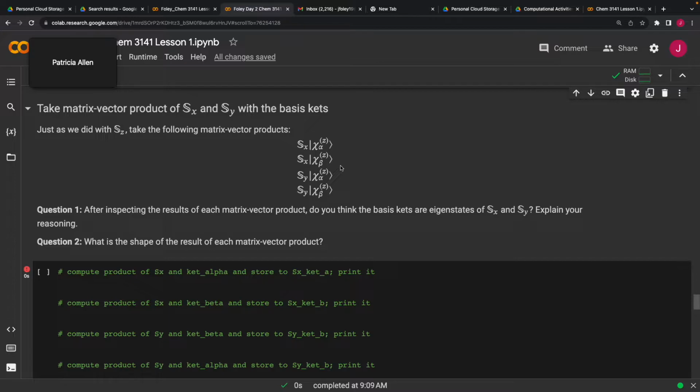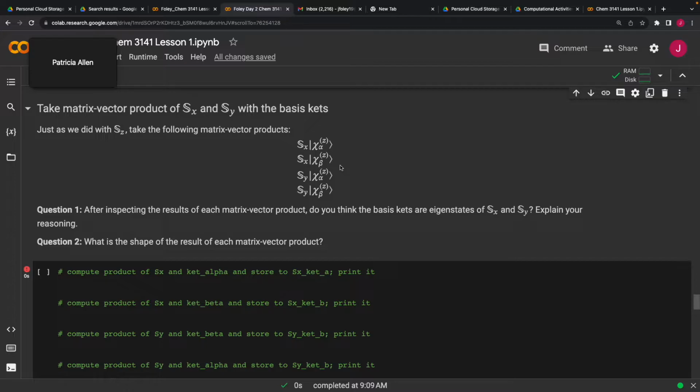We did that in one of our previous Python cells, and then we just did it on the board. So now what we're going to do is we're actually going to see if those kets are also eigenvectors of SX and SY. And what do you all think is going to happen? Are we going to find that they are eigenvectors or not?